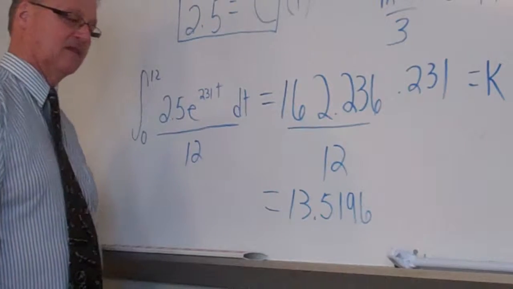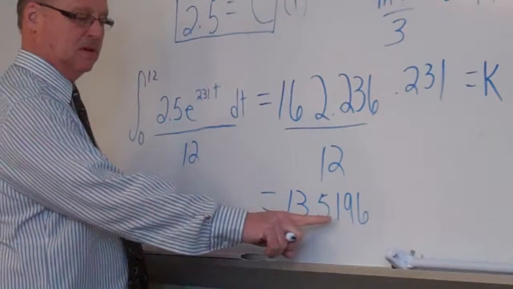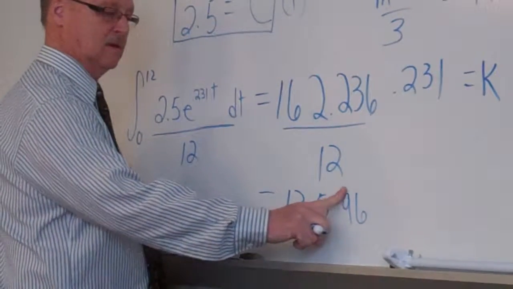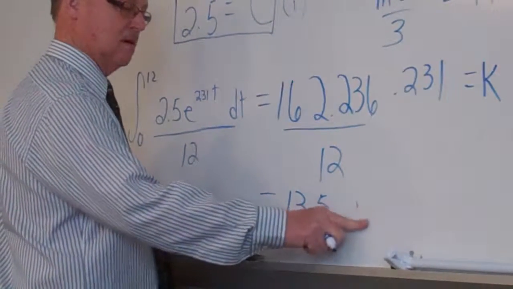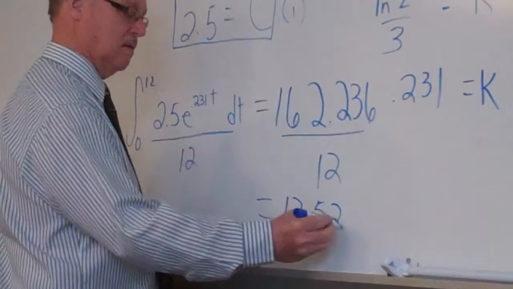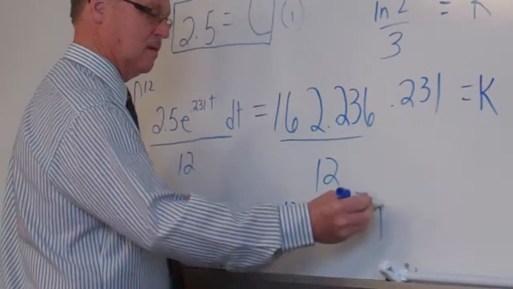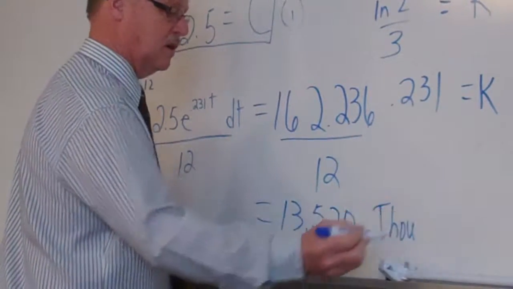Now remember, they like 3 digits, so we're going to make that 13.520, I believe. And that's going to be thousands, right?